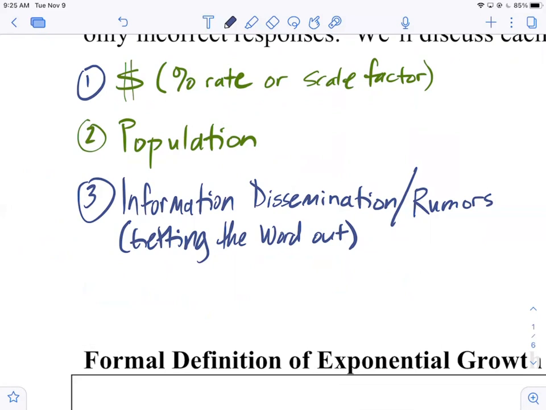Now that could be used in a positive way, right? Like, hey, tell people that math is cool. Spread the word. Right. In a good way. But it could be in a really, really bad way, right? Like birds aren't real. Math is not cool, right? Fish are evil, like what? I don't know. Rumors, right?